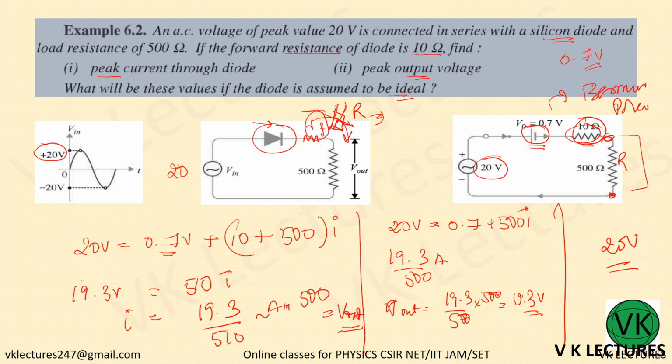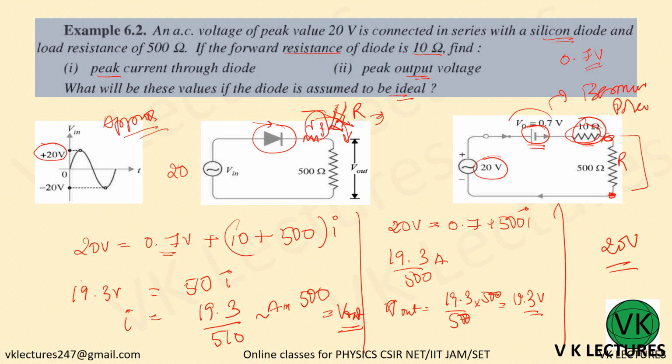If it is of this order, 510, like this, then you can use both. So then you can use the approximate model. If it is very much less, you can neglect RF.